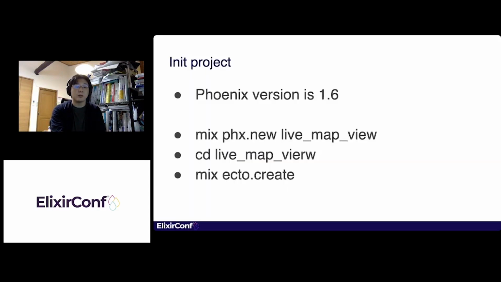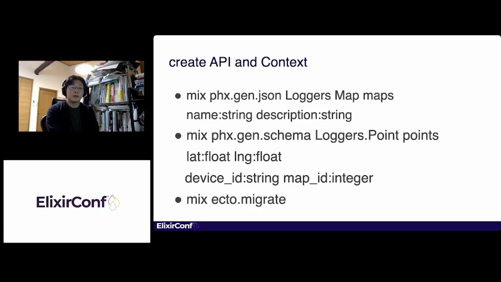This project uses Phoenix version 1.6. mix phx.new, change directory, mix ecto.create. Create API and context: mix phx.gen.json Loggers Maps. mix phx.gen.schema Loggers Point. mix ecto.migrate.